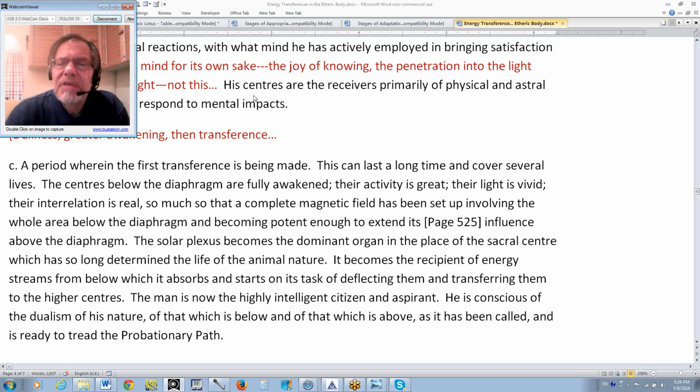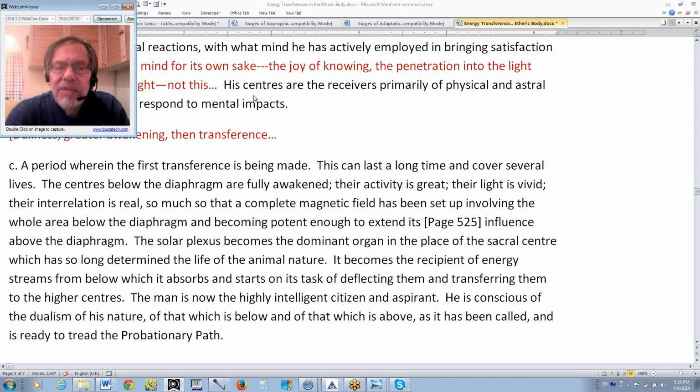So, well, let's say quite fully awakened, this outer tier. Their activity is great, their light is vivid, their interrelation is real, and when the interrelation is consummated, there will be the unfolding of the petals in the Hall of Ignorance, the three knowledge petals. So much so that a complete magnetic field has been set up involving the whole area below the diaphragm.